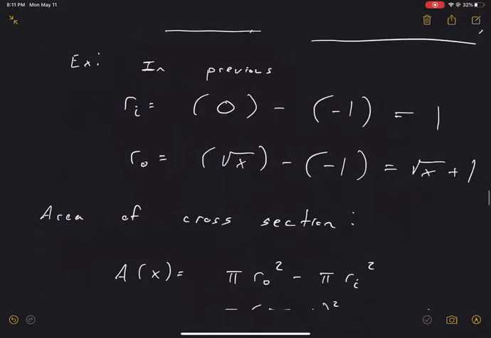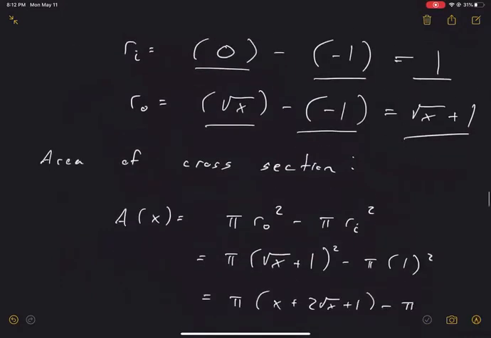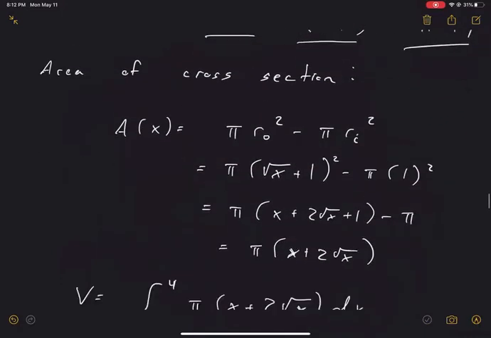In our previous example, for our inner radius, it was always 0 minus -1, so it's always equal to +1. For our outer radius, it was square root of x minus -1, which gave us square root of x plus 1. Okay, so now plugging these radii into our formula, I guess that's the correct plural of radius.